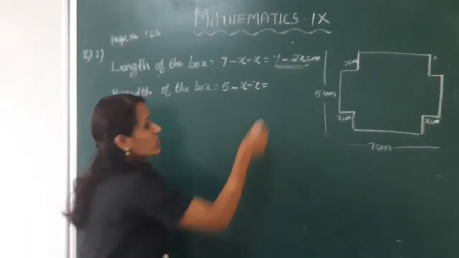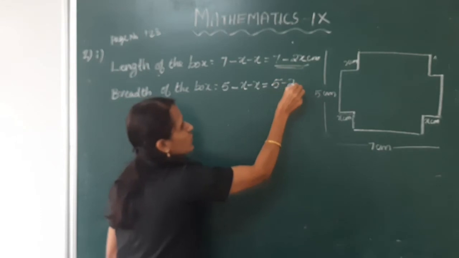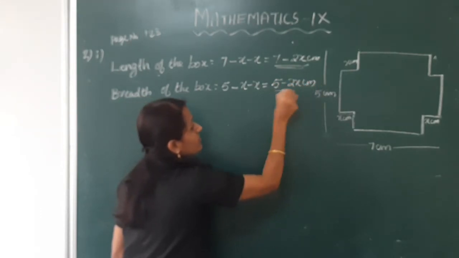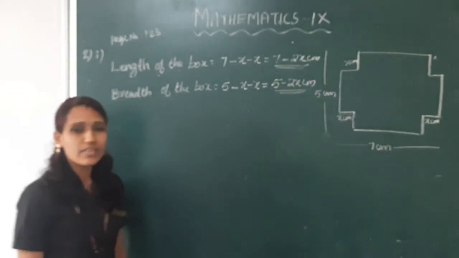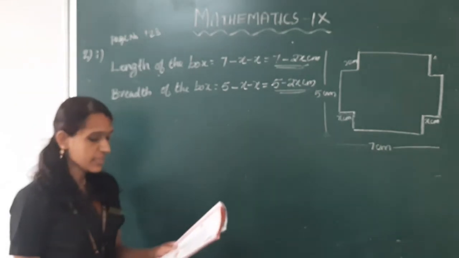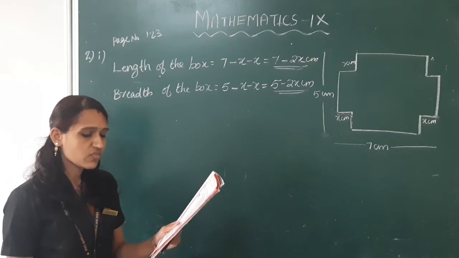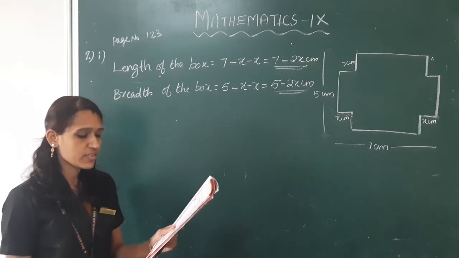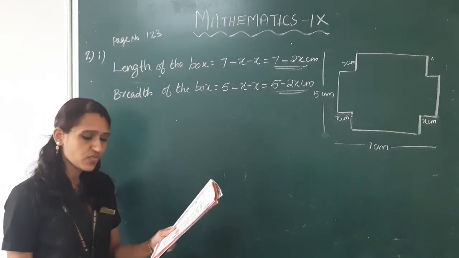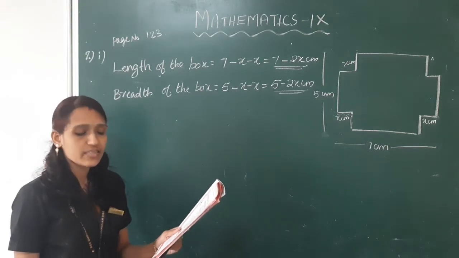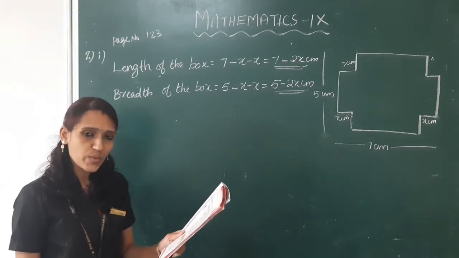This is equal to 5 minus 2x centimeter. Clear? The second sub-question, taking the volume of the box as V of x cubic centimeters, write the relation between V of x and x as an equation.